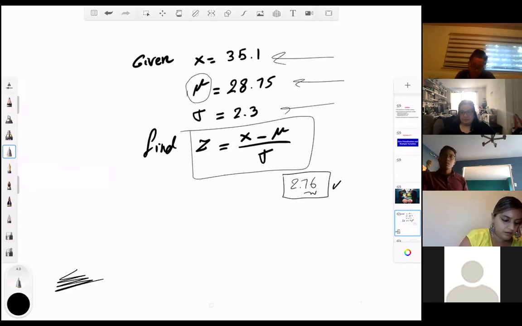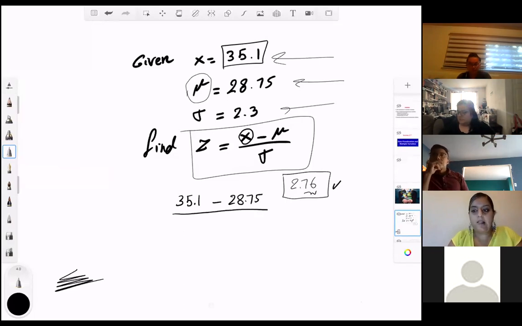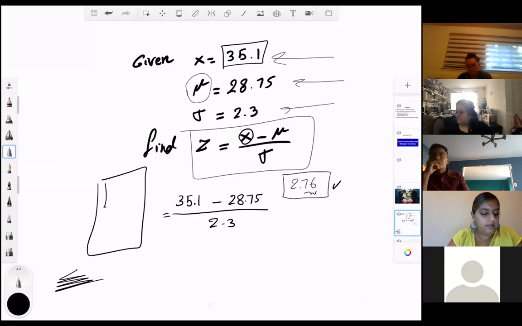So we are evaluating, instead of X, I will plug in 35.1 minus 28.75, divided by 2.3. I know you guys have an expensive, super cool calculator, but the way you punch it in is very important.